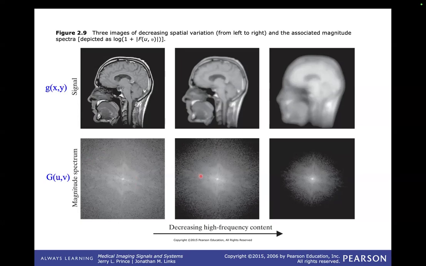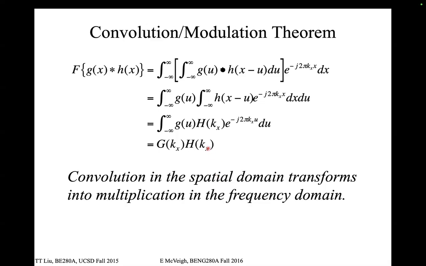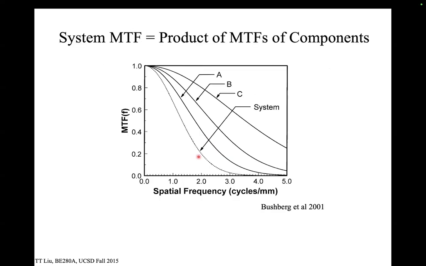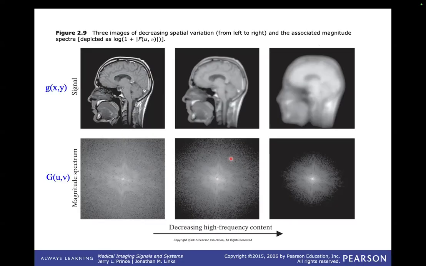If we take this H approach, with an H that rolls off these higher frequencies, and multiply by H of kx and ky, then the data goes from this to this.